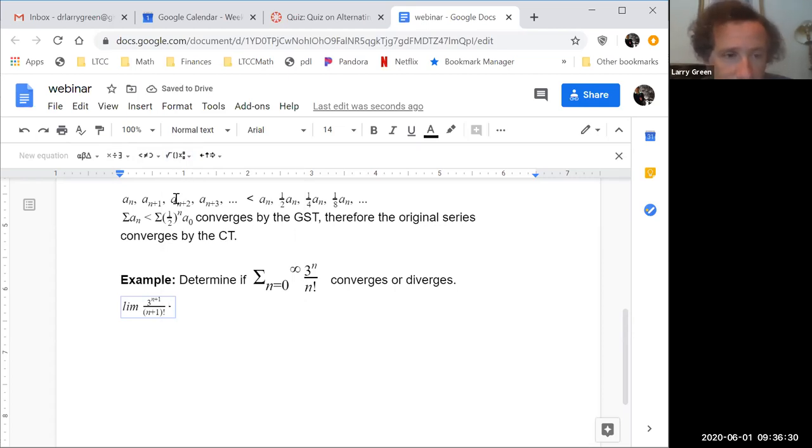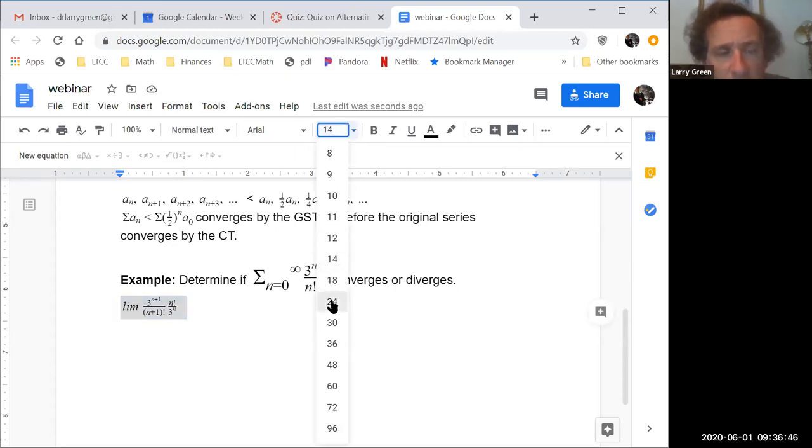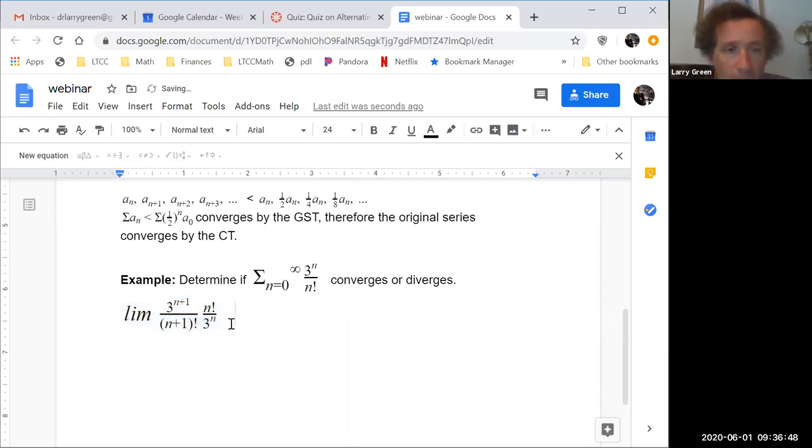So n factorial over 3 to the n. Any questions so far?